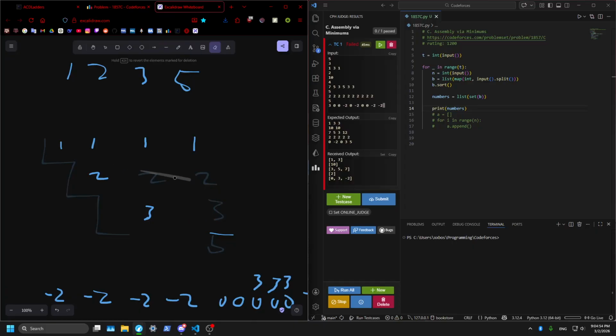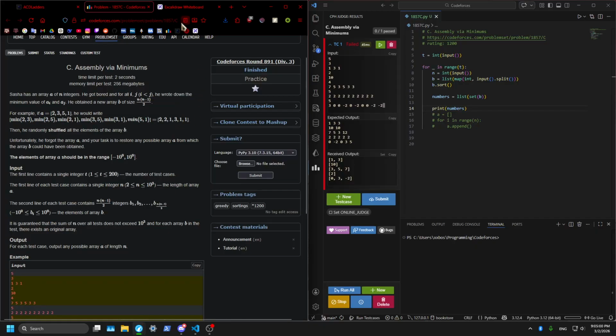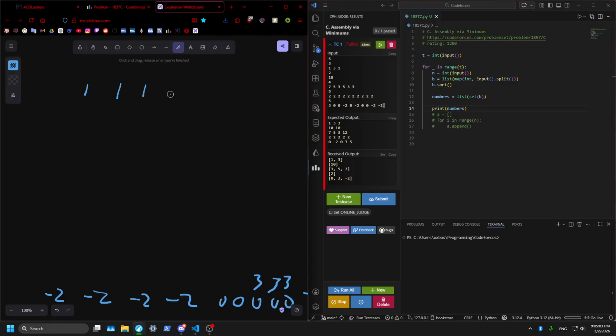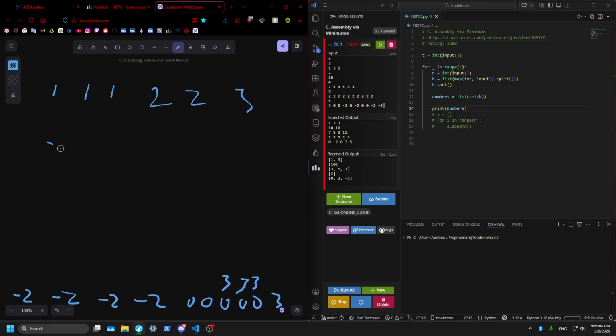If I actually do this question using my technique, it would sort B: 1, 1, 1, 2, 2, 3, and then 1, 2, 3, 4, 1, 1, 1, and then because this 2 is this 2, 2, 2, and 3 is this 3, 3.